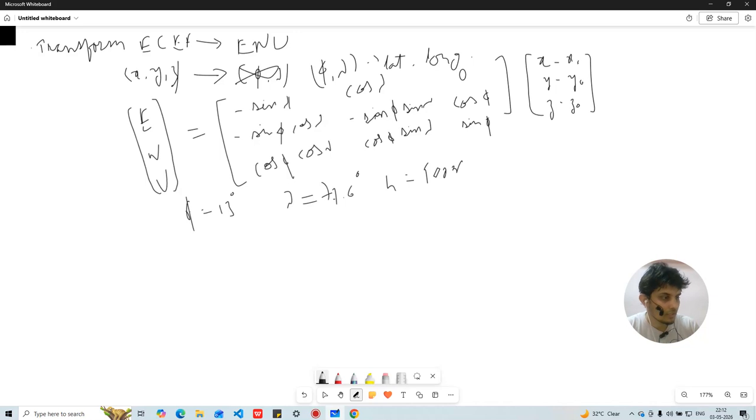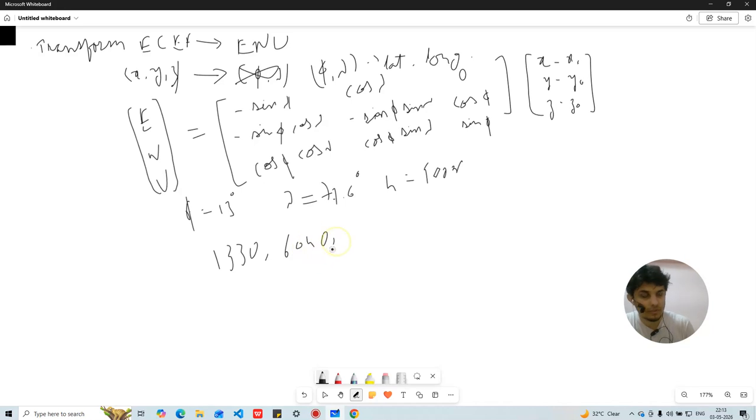Step 4, compute the vector difference, the relative difference, and plug in the values for E, N, U. Let's say we have a reference point in ECEF, which is 1330, 6040, 1420.